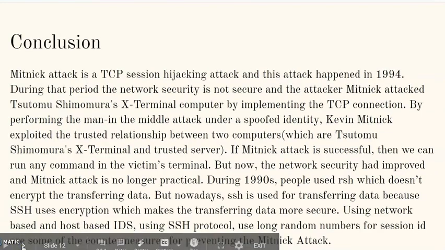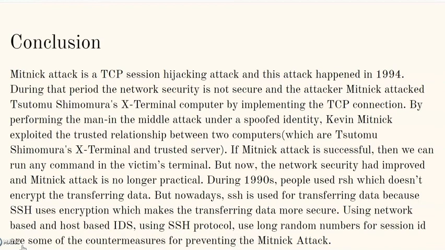In conclusion, the Mitnick attack is a TCP session hijacking attack, and this attack happened in 1994. During that period, the network security was not secure, and the attacker Mitnick attacked Tsutomu Shimomura's external computer by implementing the TCP connection.